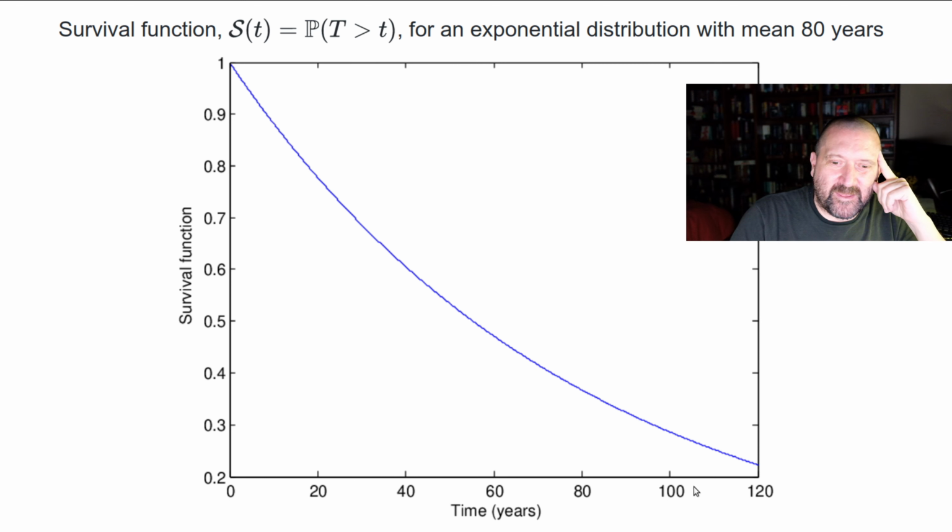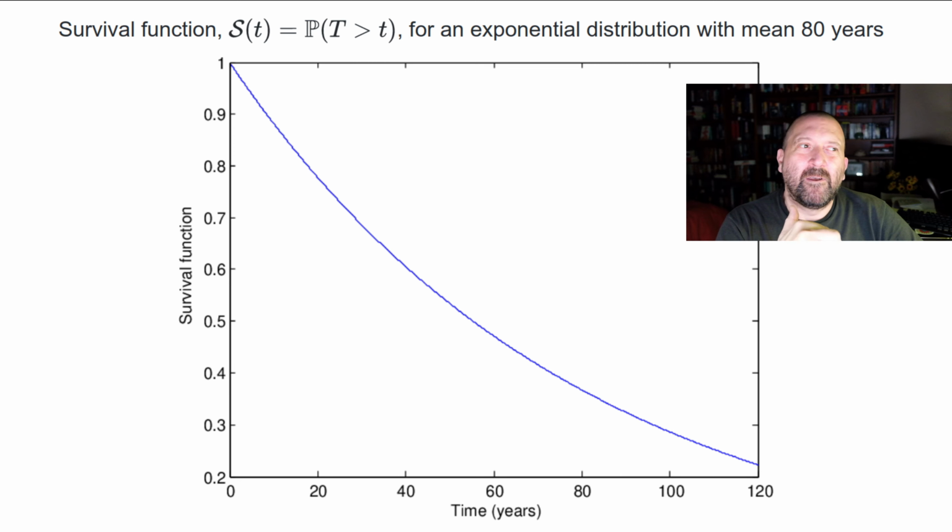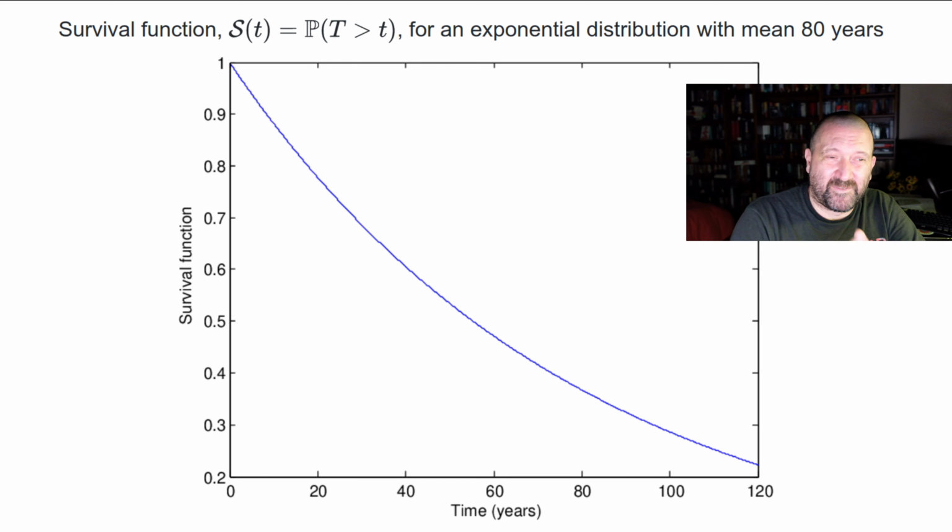But this is what the survival function looks like, and you can see two things. First of all, if I go to 20 years, for instance, you're saying that less than 80% of your cohort, if you're looking at a cohort of individuals who were born at time zero, are still alive after 20 years.